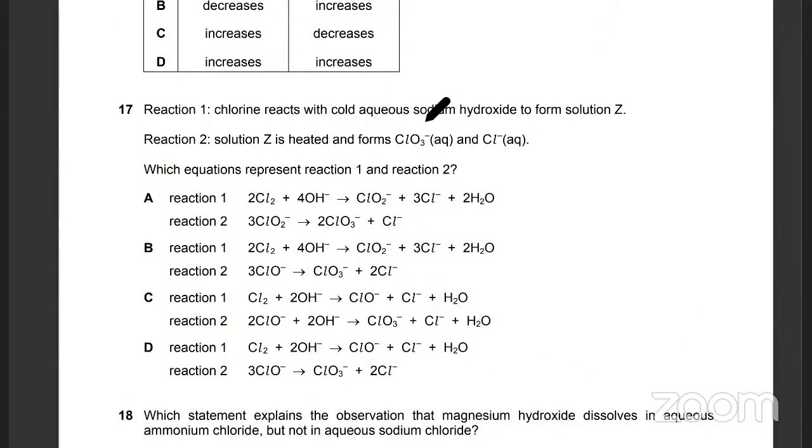Now, chlorine reacts with cold aqueous NaOH to form solution Z. Solution Z is heated and forms ClO3- and Cl-. Which equation? First one, what will happen when Cl2 reacts in the cold with NaOH? It forms ClO-, not ClO3-.